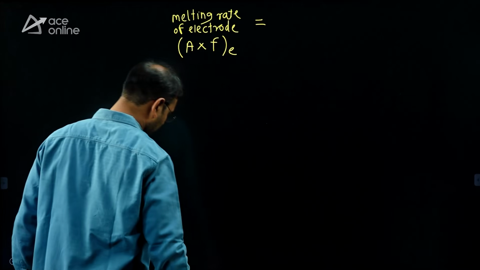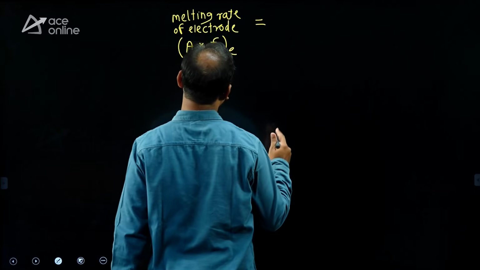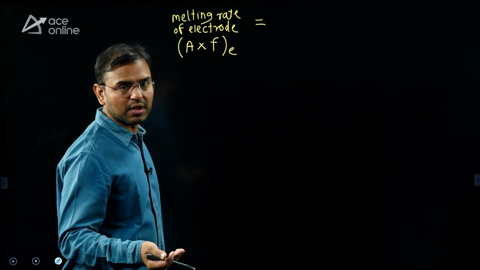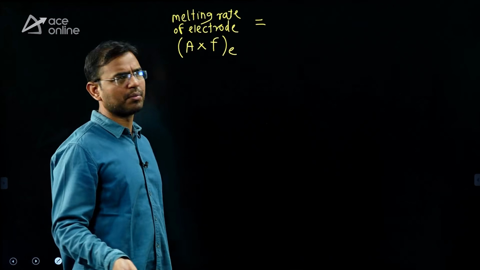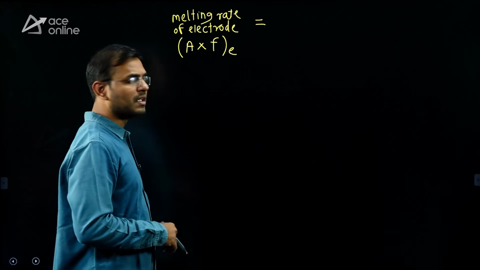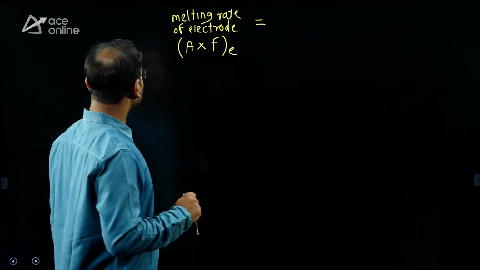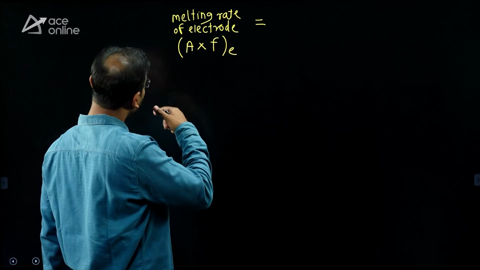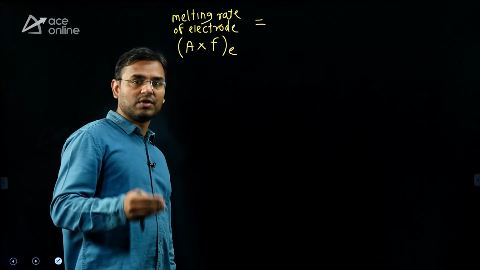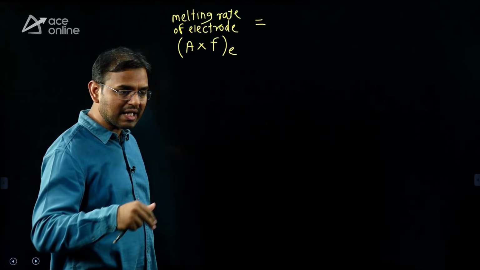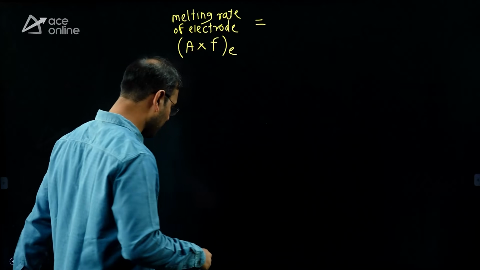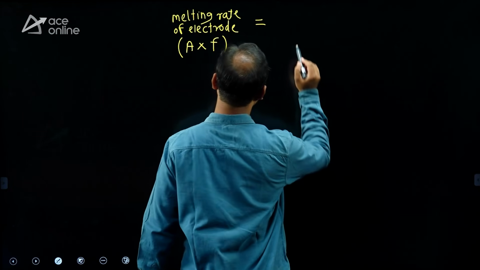This is the melting rate of electrode. That type of question has been asked in the GATE exam two times with the same formula. The melting rate of electrode means the electrode is melting, and the electrode is melting means it is supplying molten metal to the weld bead. Therefore, I can write it as the filling rate of weld bead.